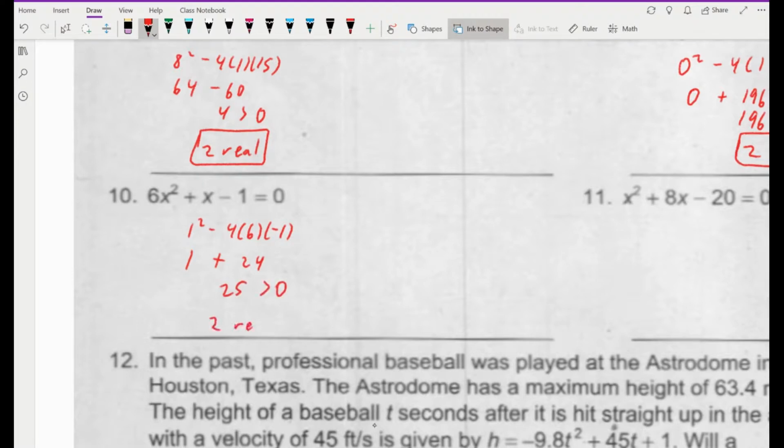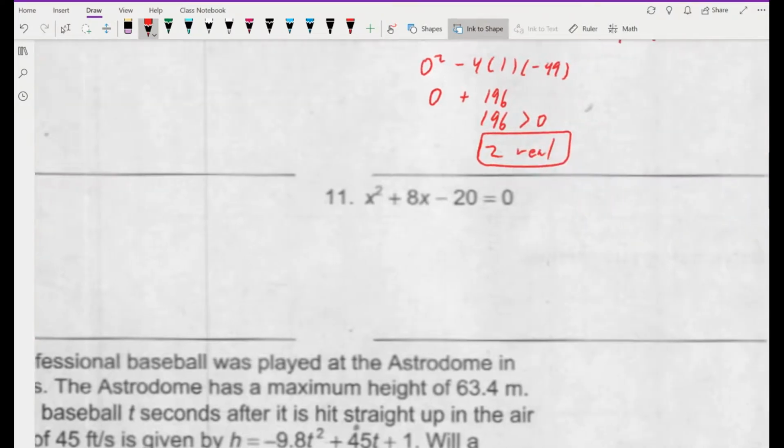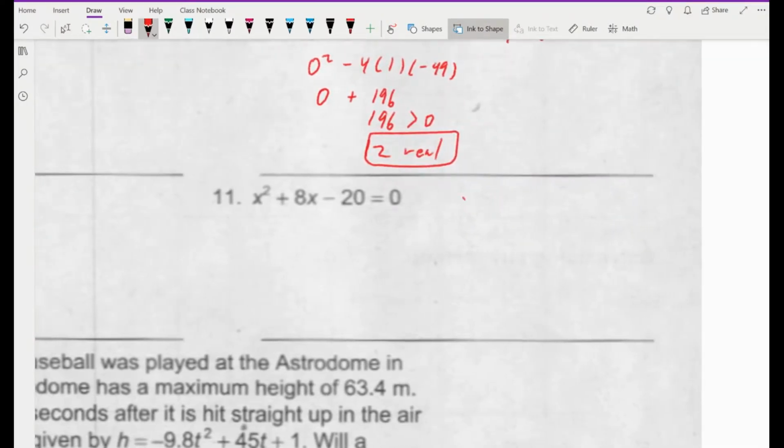So we get 2 real solutions. Number 11. 8 squared minus 4 times 1 times minus 20. So we get 64 plus 80. We already know this is going to be greater than 0. So we will get 2 real solutions.